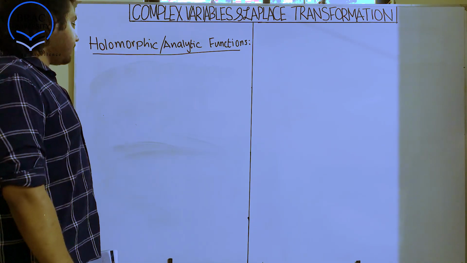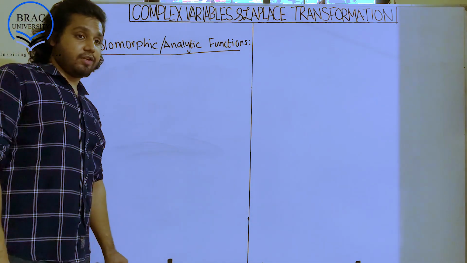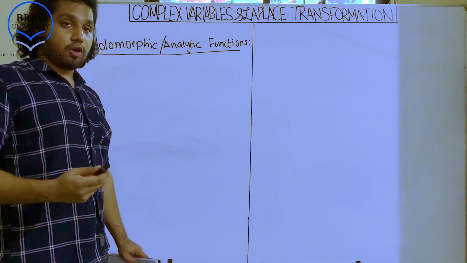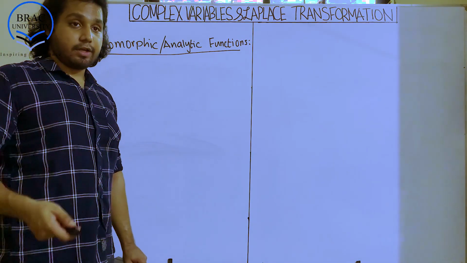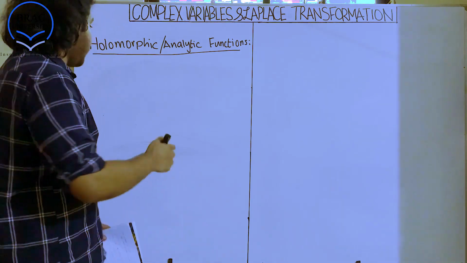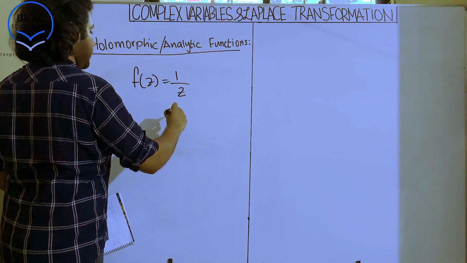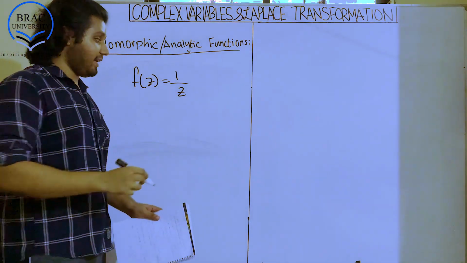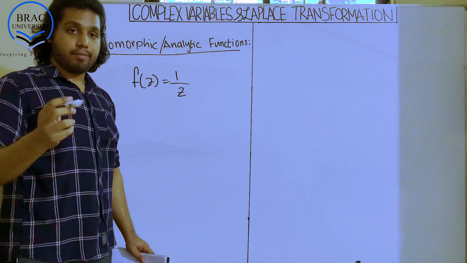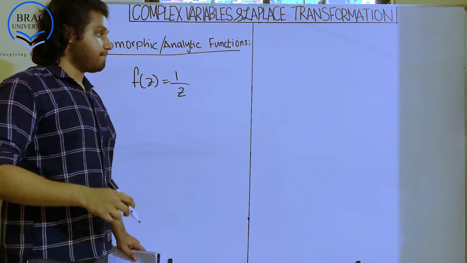It goes to show that the analyticity of a function depends on a lot of different things, one of them being continuity. As we saw here, f of z equals 1 over z ceases to be analytic at z equals 0 because it breaks continuity.